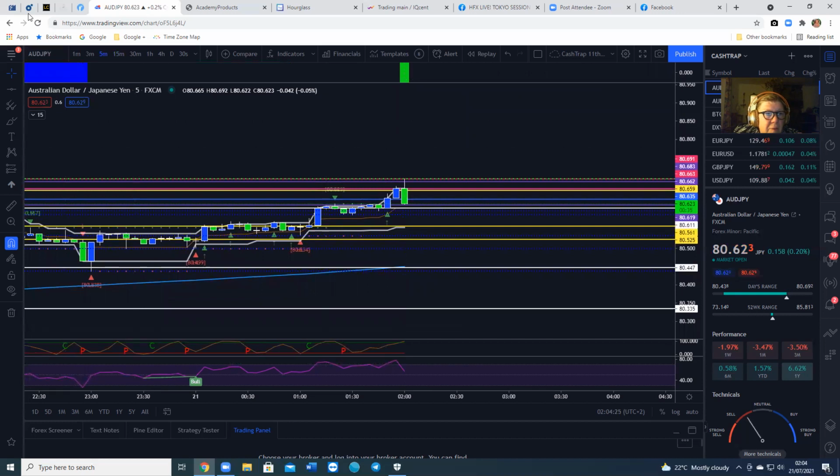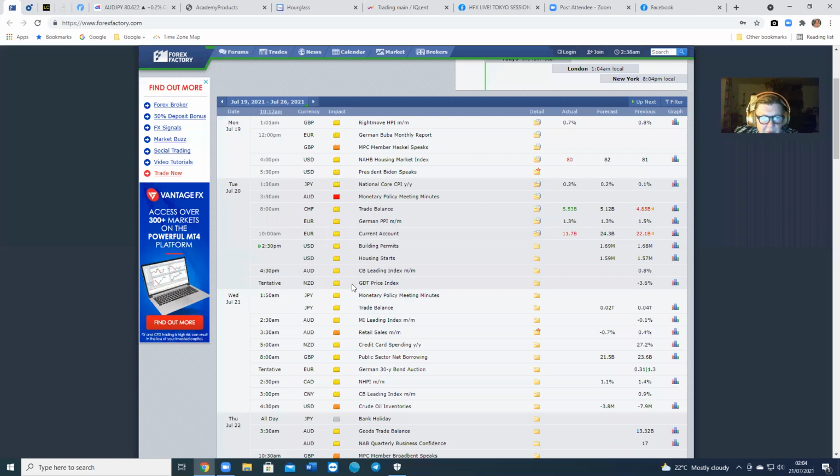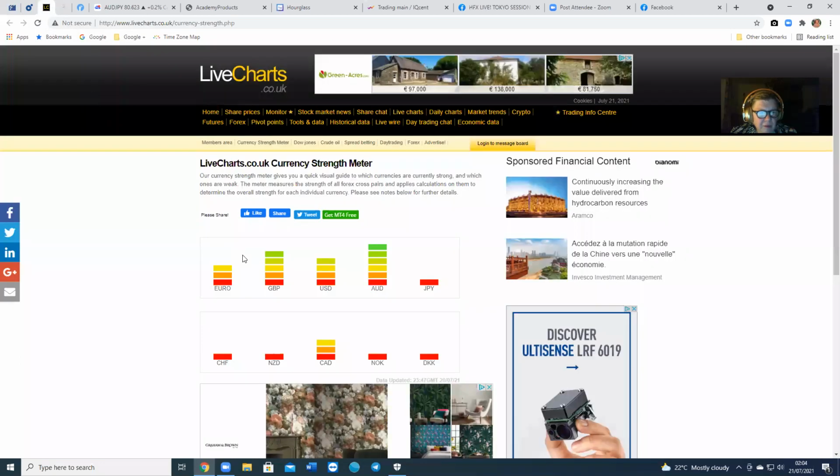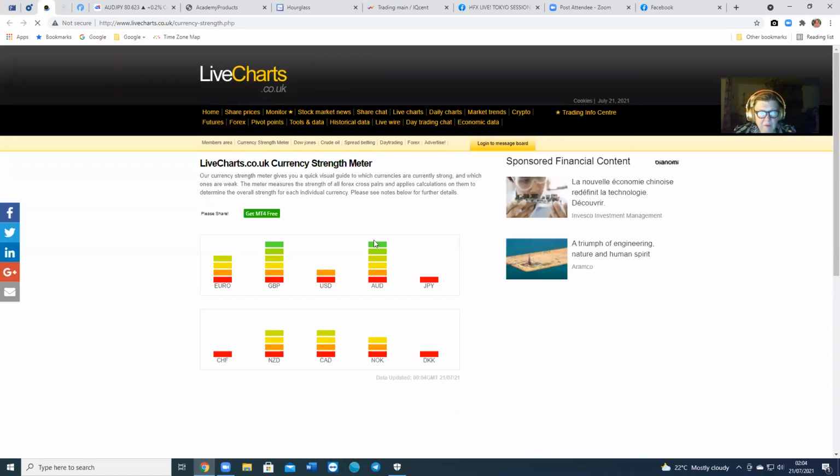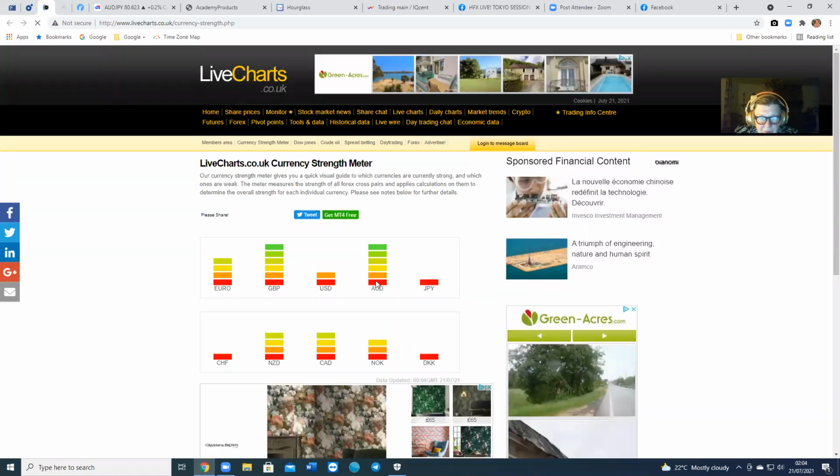Now, first thing we want to do, and I'll explain the point system in a minute, is look at red flag news. We haven't got any at the moment today. Let's look at the currency strength meter. Australian dollar, very, very strong.